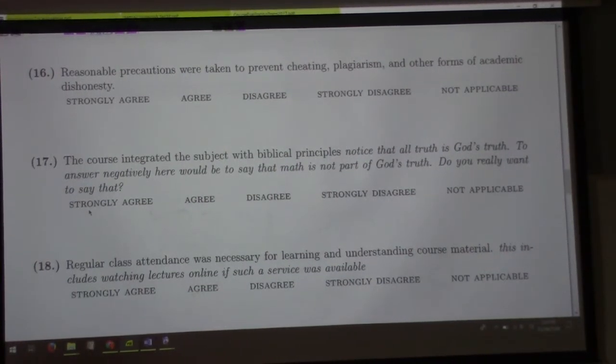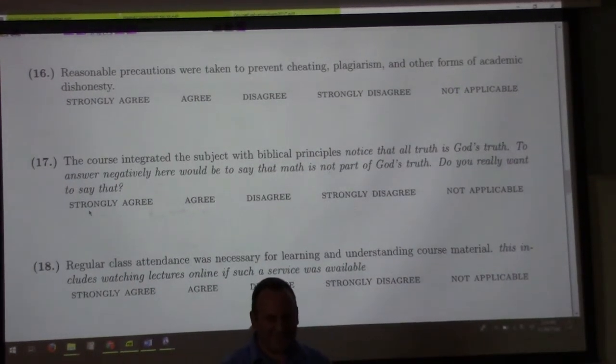Did we do math in this course? The answer is yes. So we have studied God's truth in this course. So to say that there was not biblical integration in this course is to deny that math is part of God's truth. Do you want to be that person? The answer is clearly no. Not applicable is more than strongly disagree.